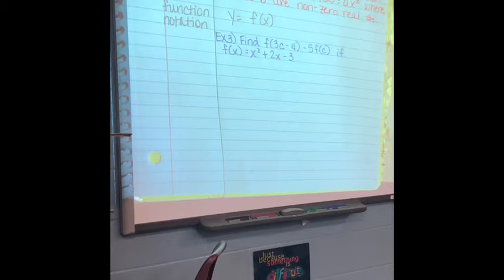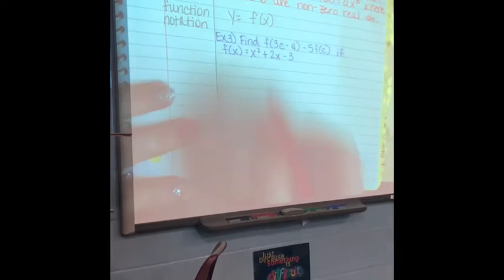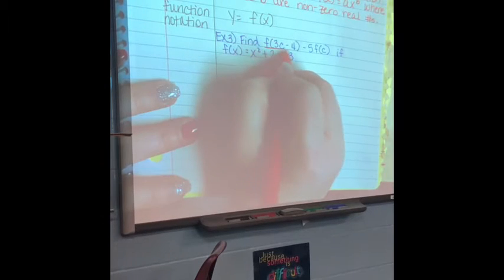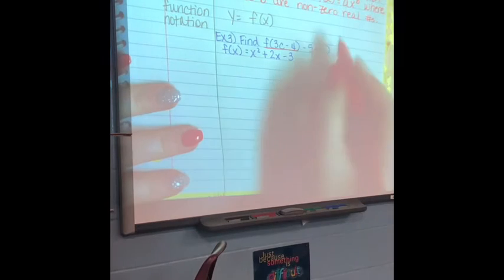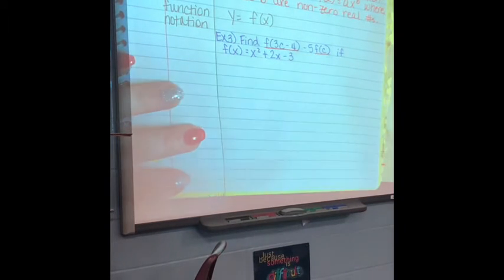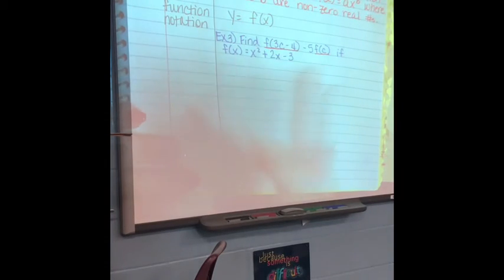All right, so in this situation, I'm going to start with two parts. I'm going to start looking at figuring out what f of 3c minus 4 is and just what f of c is. I'm going to start with those two pieces before I start figuring out the rest.